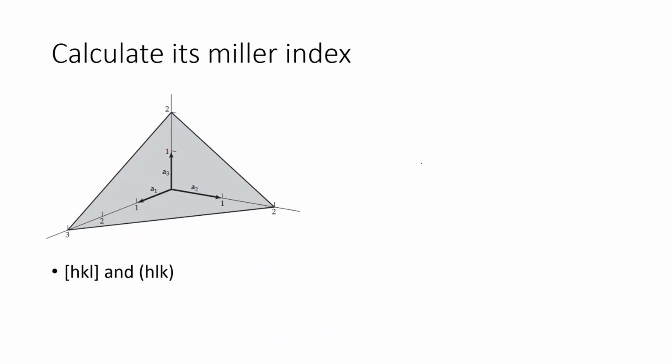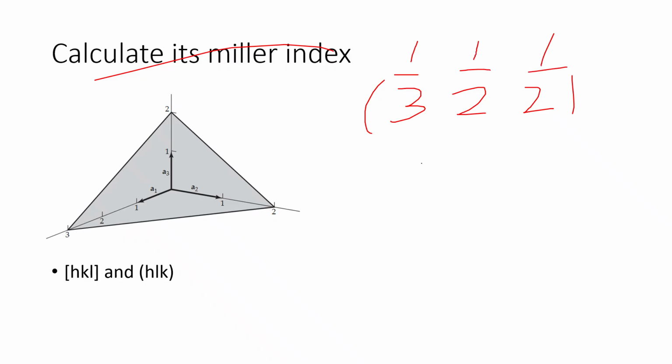Next, calculate the Miller indices. We already calculated the Miller index, but let me calculate it again. This is A1, so we write 3, for A2 we write 2, and for A3 also we write 2. We take their inverse, and as I did for the previous, make it a whole number by multiplying with 6. So you get 3 twos are 6, and 2 threes are 6, and 2 threes are 6 again.